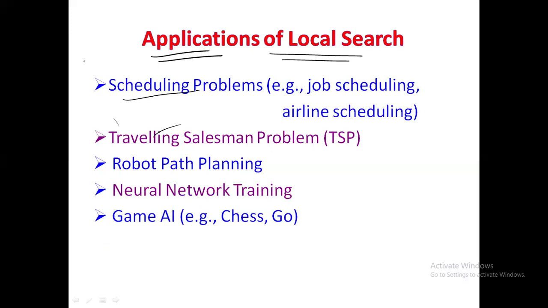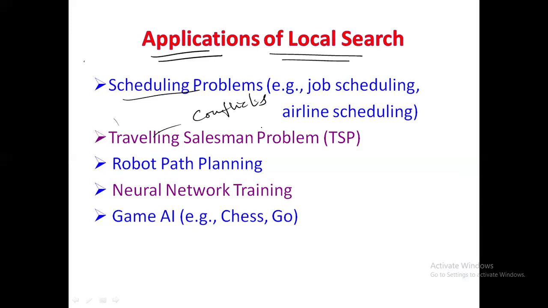First one is scheduling problems. What do you mean by scheduling problems? Job scheduling, airline scheduling, etc. Local search helps optimize scheduling tasks by efficiently allocating resources and minimizing conflicts. So this will avoid conflicts.